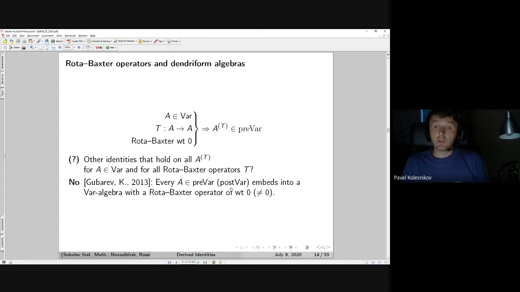So this embedding shows that the answer to that question is no. There are no other identities, so the dendriform 2-split or 3-split is exactly the variety generated by all algebras of the form A sub t. In this particular case, the answer to the initial question is well known.